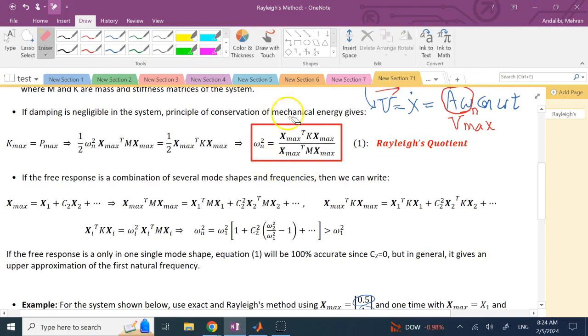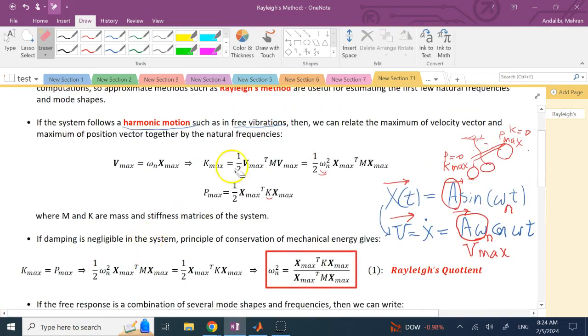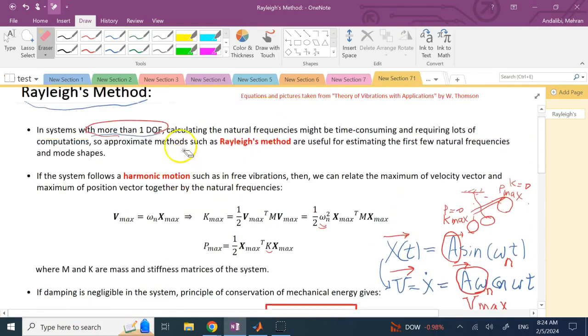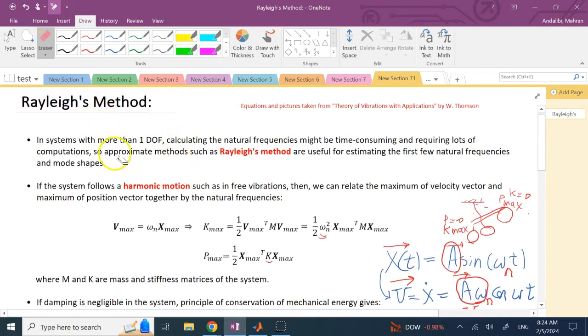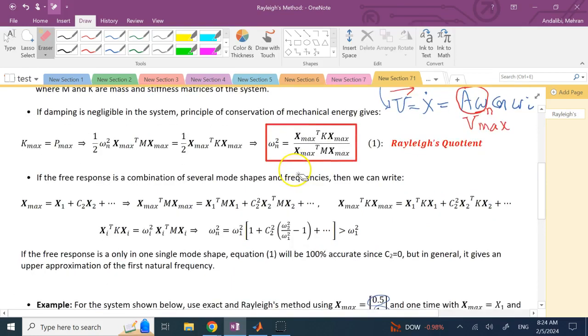Why? Because as I mentioned in one of my previous videos, the physical frequency, the operation frequency that you use in real life, is typically what? Much bigger than omega 1, or the first few frequencies, especially omega 1.